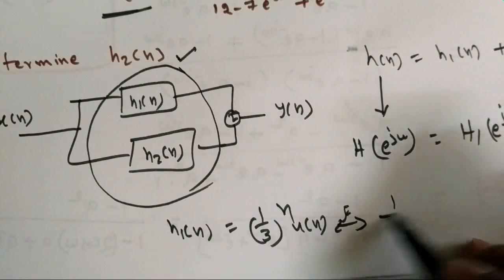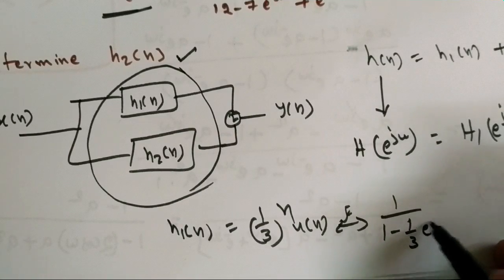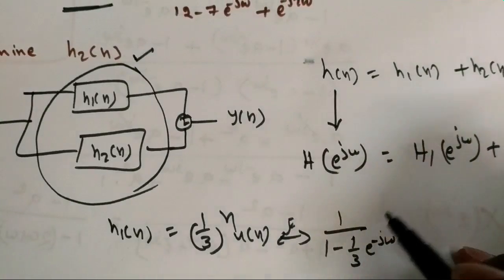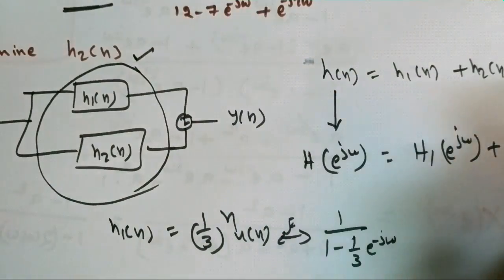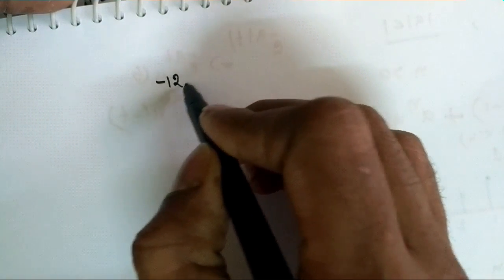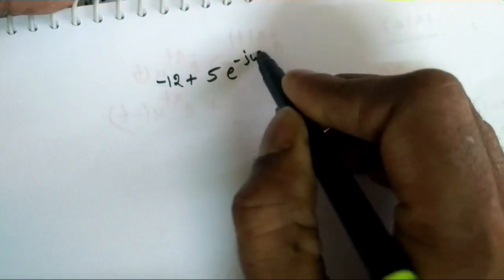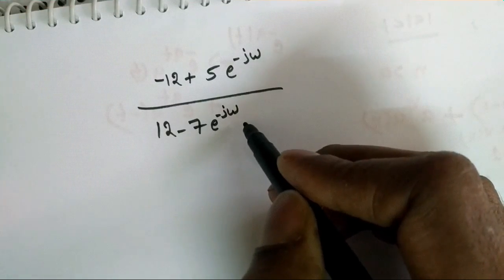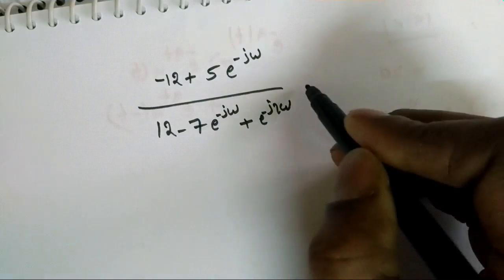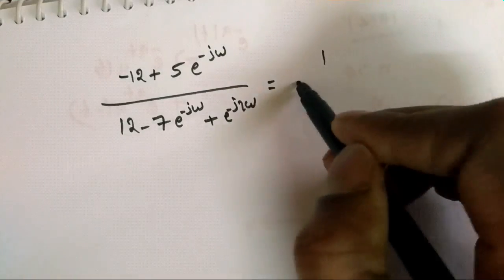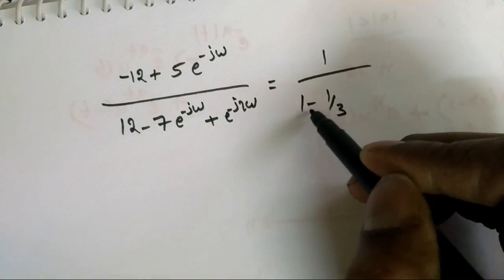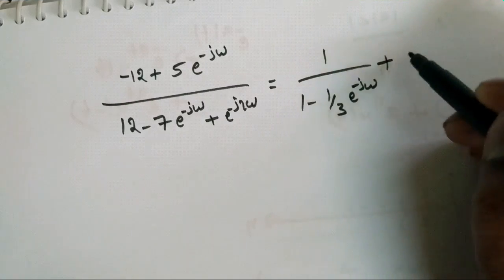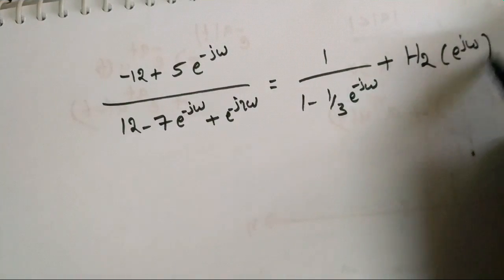We know a^n gives 1 by 1 minus a e^(-jω), so 1 by 1 minus 1/3 e^(-jω). Now we have to substitute H1(e^jω) and H(e^jω) to find h2[n]. So H(e^jω), that is minus 12 plus 5e^(-jω) by 12 minus 7e^(-jω) plus e^(-j2ω), is equal to H1(e^jω), that is 1 by 1 minus 1/3 e^(-jω), plus H2(e^jω).